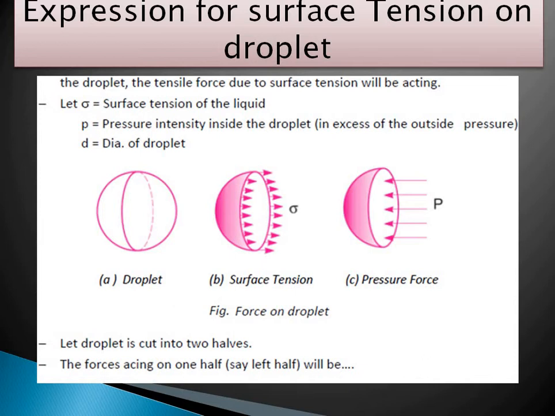B is the cut section of the droplet, which shows surface tension sigma acting over the periphery of the droplet, and C is the pressure force which is acting inside the droplet, opposite to the surface tension force sigma. If the pressure inside the droplet is high, then surface tension will be minimized and water will flow. So the half droplet has the surface tension force sigma, against which the opposing pressure force is acting.